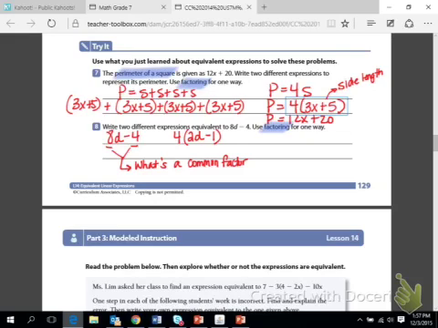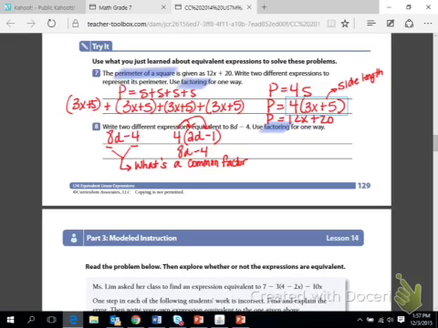If I took this and factored it again, distributed again, then I should come up with my 8d minus 4. If I were to distribute, I would come up with 8d and negative 4. I could use this information to create my second equivalent expression.